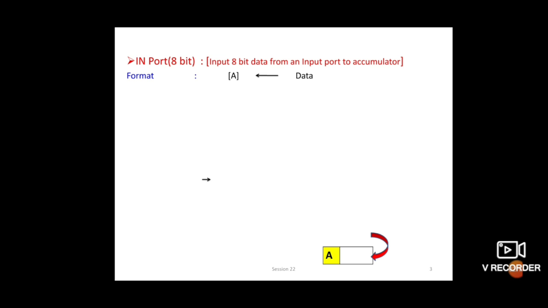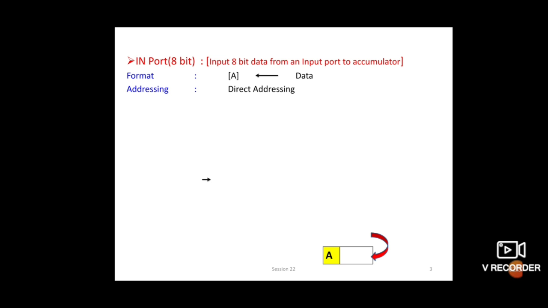Already you know this. How many registers in 8085? Accumulator, B, C, D, E and HL. So the accumulator register is also available in the 8085 microprocessor.